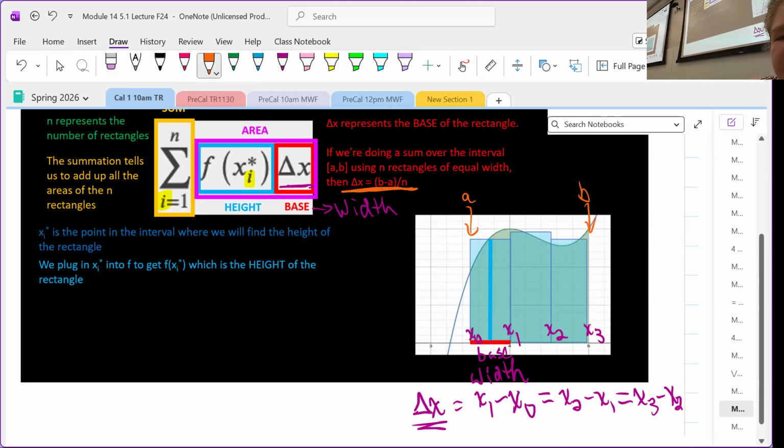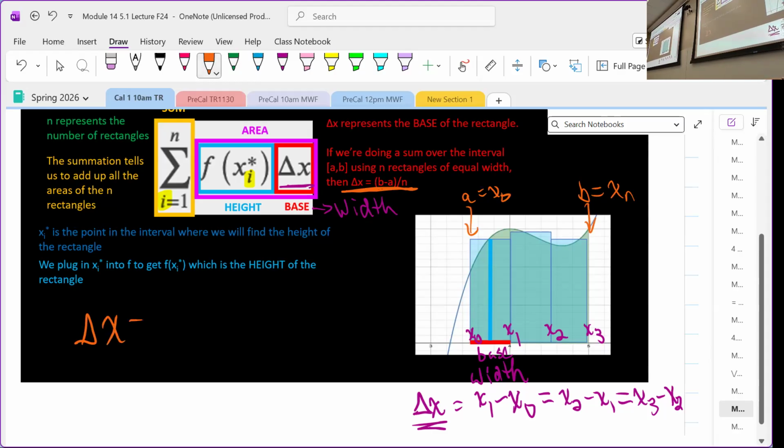So A is always x sub 0, B is always x sub n. If I take the full distance between all of those x values and divide it by how many partitions I want, how many rectangles, that'll give me the width of one rectangle. So our delta x always ends up with this formula, b minus a divided by n.